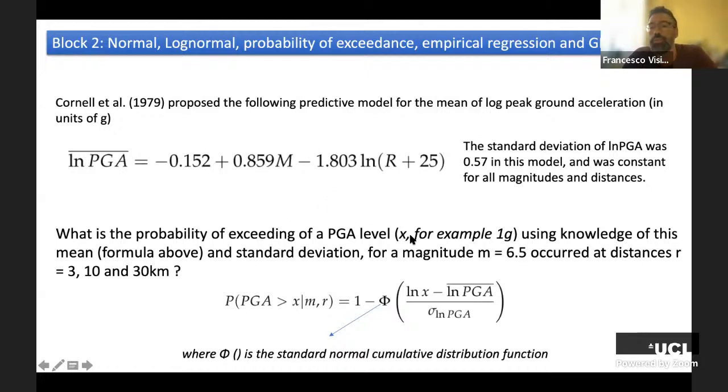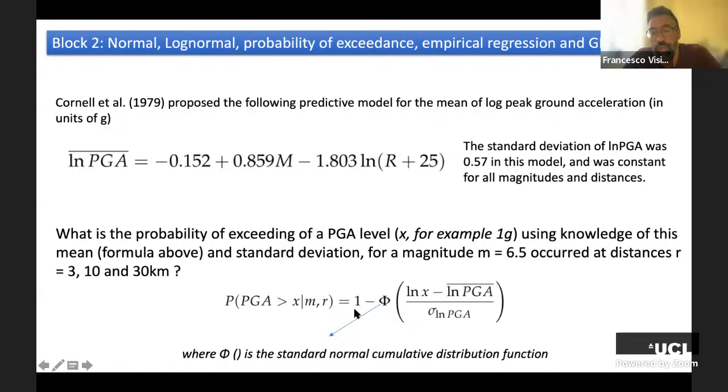For example, for a magnitude 6.5 that occurred at a distance of 3, 10, or 30 kilometers, we can use this formulation and the complementary probability, asking: what's the probability that the PGA will be greater than a value X, conditioned on the fact that I observed a magnitude 6.5 earthquake that occurred at a distance of 3, 10, or 30 kilometers? This is the meaning of this notation.